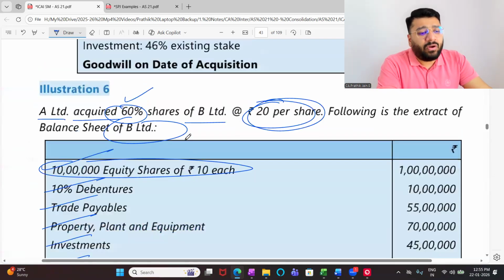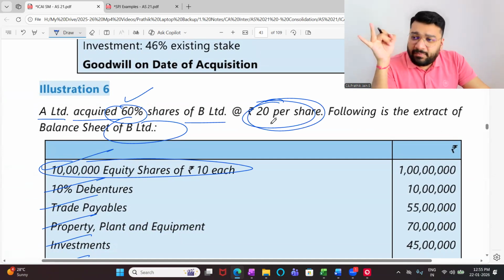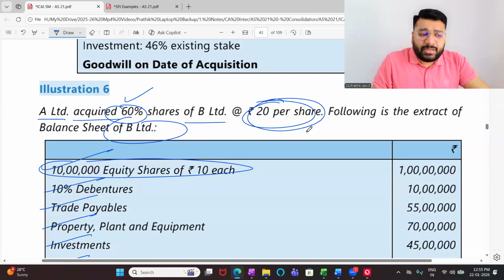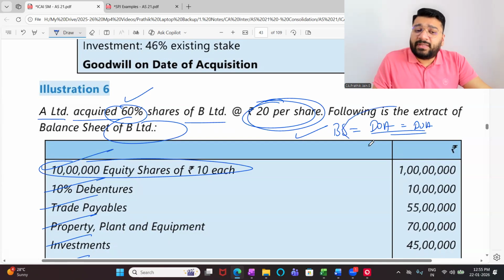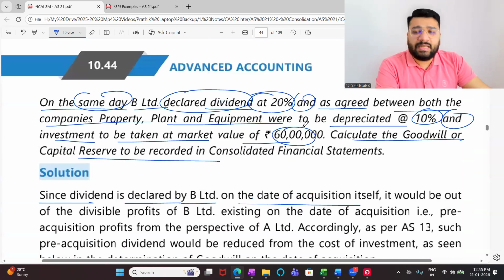So we'll assume that the balance sheet date also is not given. No dates are given, so everything is happening on the same date. Balance sheet of the same date, dividend of the same date, acquisition on the same date. So it doesn't matter. Balance sheet date is equal to date of acquisition is equal to date of dividend. So everything is pre only, no? Post will not come, pre only. So you have to mention it. State the assumption in a note.